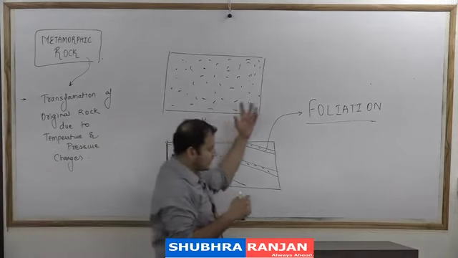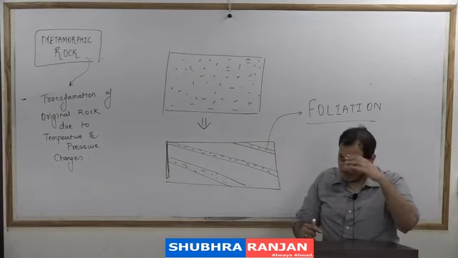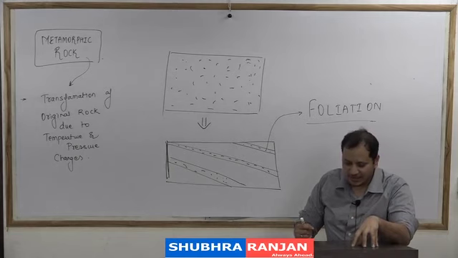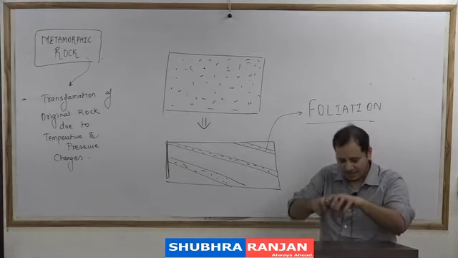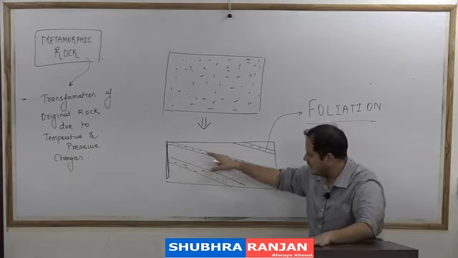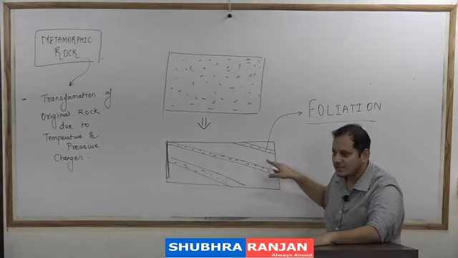Crystals or minerals, due to temperature or pressure changes, undergo change in their chemical property, and after the change they get arranged in a similar manner. As a result, we have bands on the rocks, and that is known as foliation.